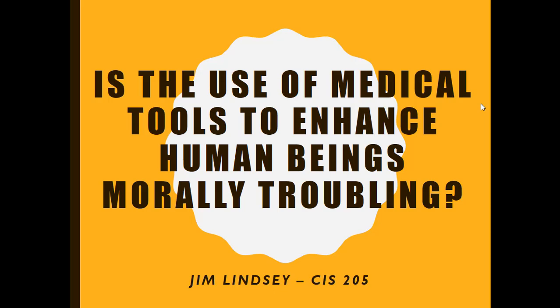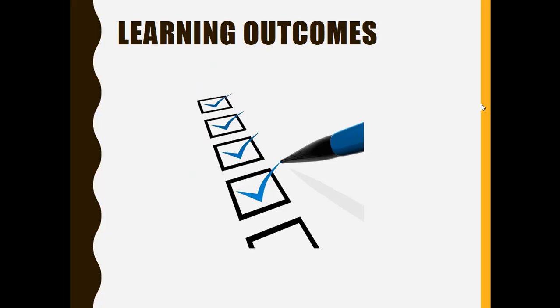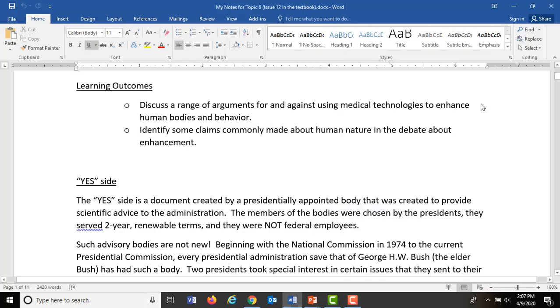So as we get into this, the learning outcomes are spelled out at the very beginning of issue 12 in the book. Let me show you what those look like. These are the learning outcomes. They're pretty vague. They're not really well written compared to learning outcomes that we've seen for other issues or other topics.